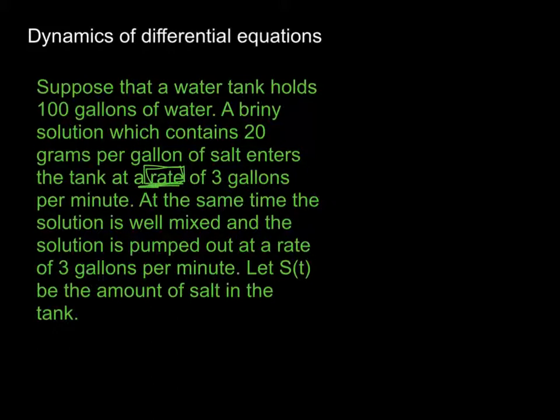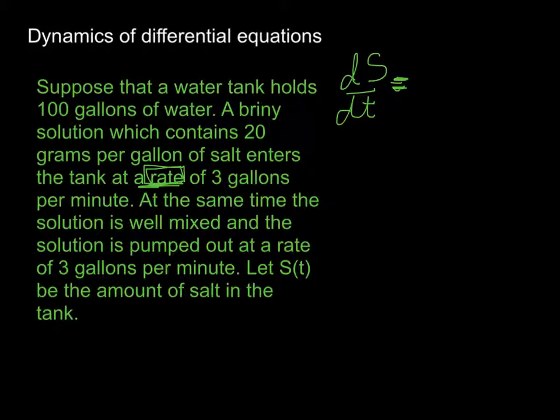So if I say the rate of change of salt as a function of time, I should be able to extract that information from the differential equation, or the context. So let's look at the individual pieces. A solution which contains 20 grams per gallon of salt enters the tank.